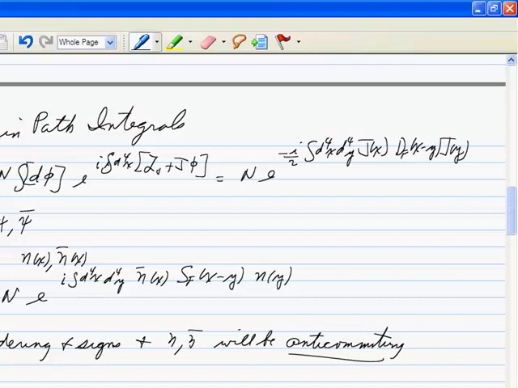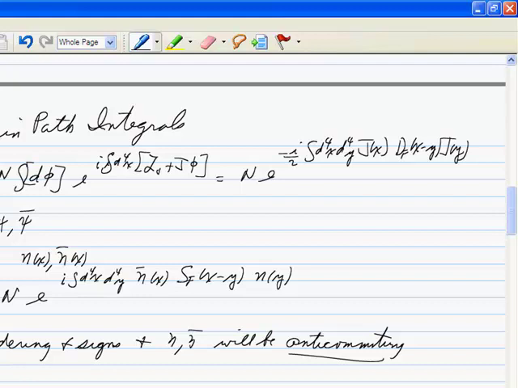That's going to be unavoidable because the fields that you get after differentiation are going to be anticommuting.